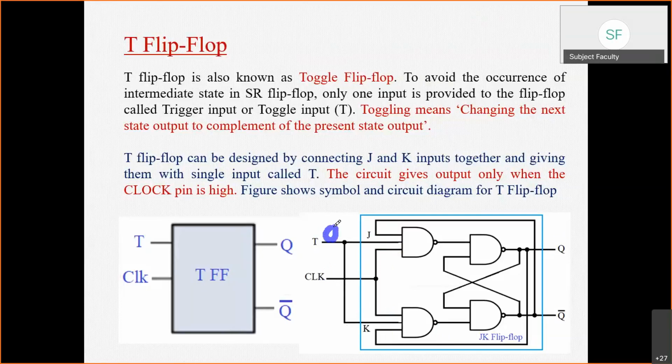So now T is 0, that means the value of J, that is the middle input, is also 0, and this input, K, is also 0. The clock is 1, that means this is also 1 and this is also 1. What we have assumed is Q equals 0 and Q bar is 1. So Q bar is connected here, it will be 1, and Q is connected here, it will be 0.